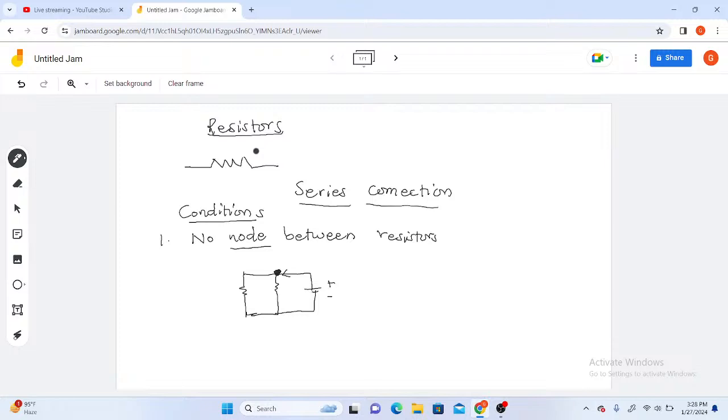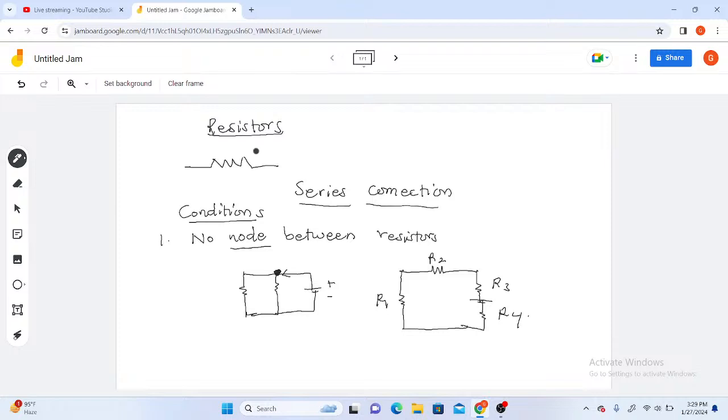So now let's see. We can have a circuit like this, and you'll be asked that this is, let's say, resistor 1, resistor 2, resistor 3, then resistor 4.